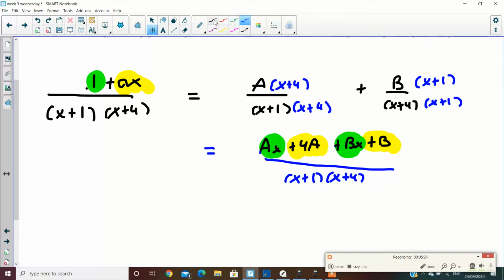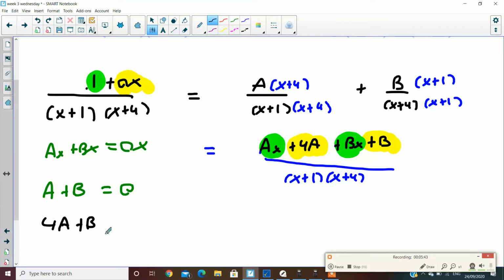You should probably get a fraction answer in the end, so I'm going to end up with a plus b equals 0, or ax plus bx equals 0x, but the x's don't matter. And then you should end up with 4a plus b equals 1.